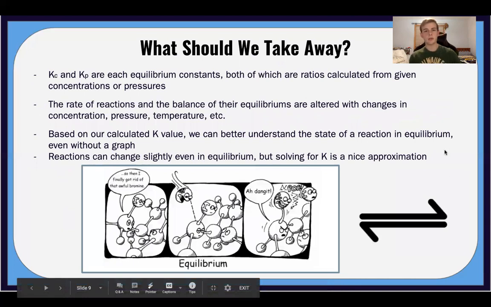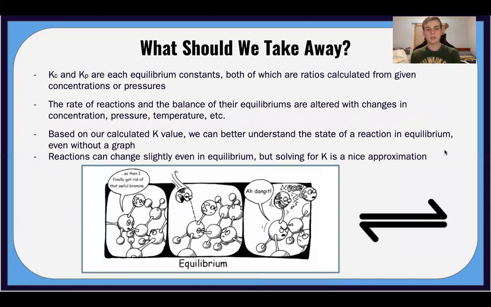So what can we take away from all this? Well, Kc and Kp are each equilibrium constants, both of which are ratios calculated from given concentrations or pressures in the problem. The rate of reactions and the balance of the equilibriums are altered with changes in concentration, pressure, temperature, etc. Based on our calculated K value, we can better understand the state of a reaction equilibrium, even without a graph, which is pretty nice.